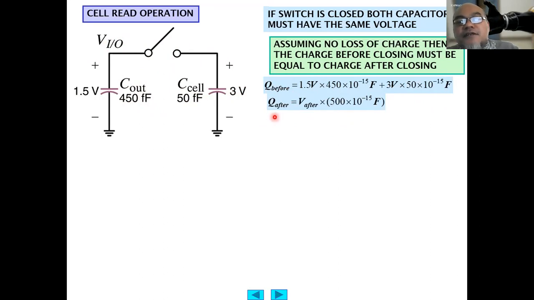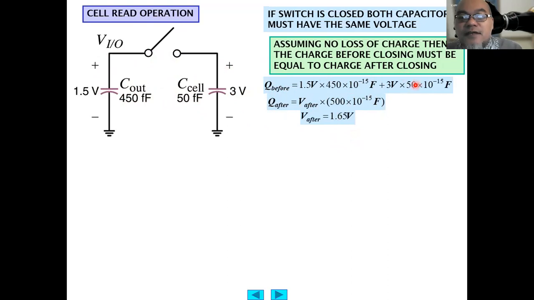The voltage after switching will be the resulting voltage, the same voltage after it is switched on, times the total capacitance. The new capacitance, since they are in parallel, will be the sum. Remember, capacitors in parallel add: this capacitance value plus this capacitance value, which is 500 femtofarad.